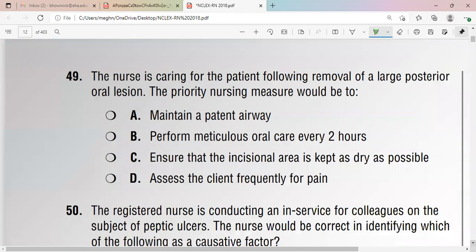And here, the nurse is caring for a patient following removal of a large posterior oral lesion.